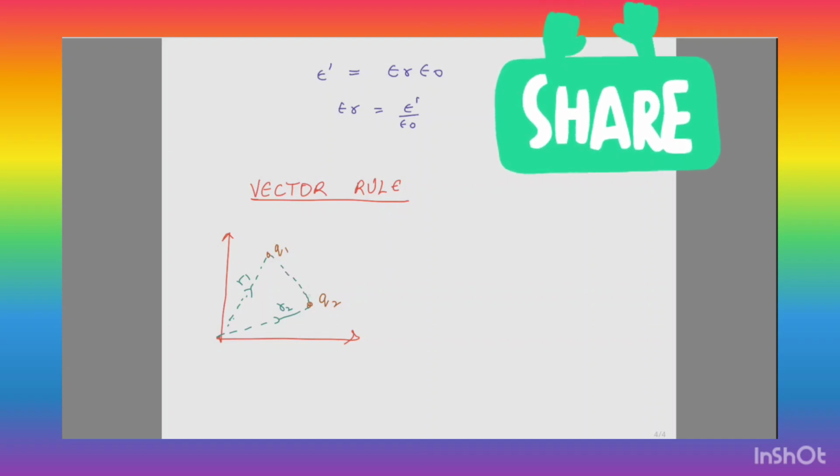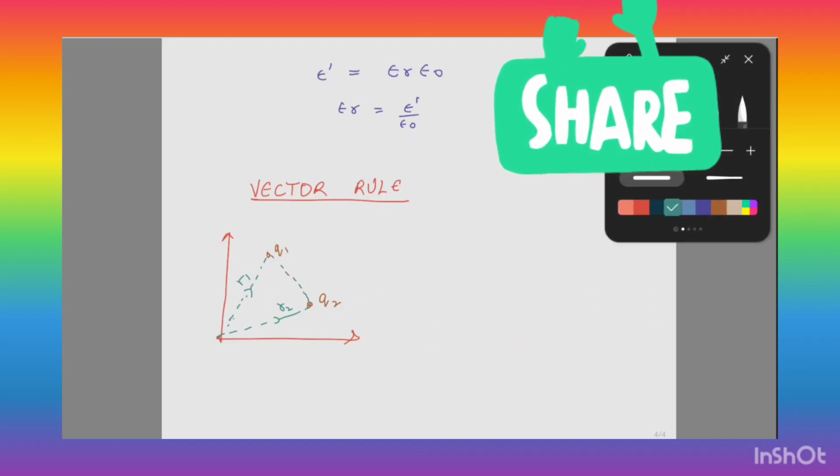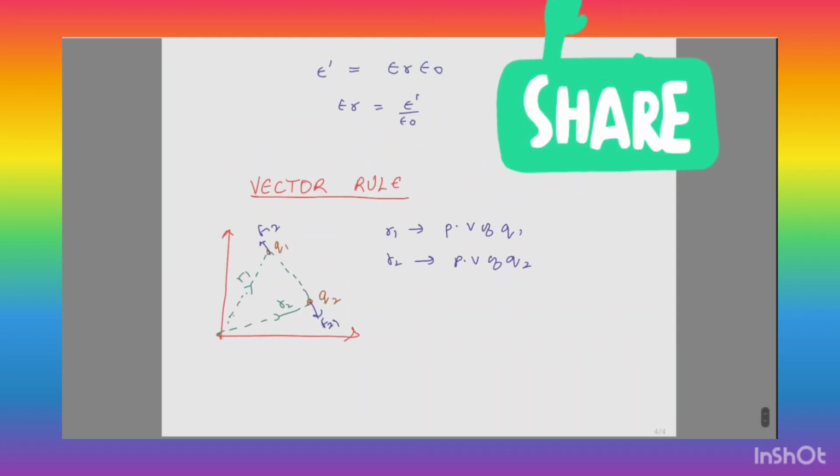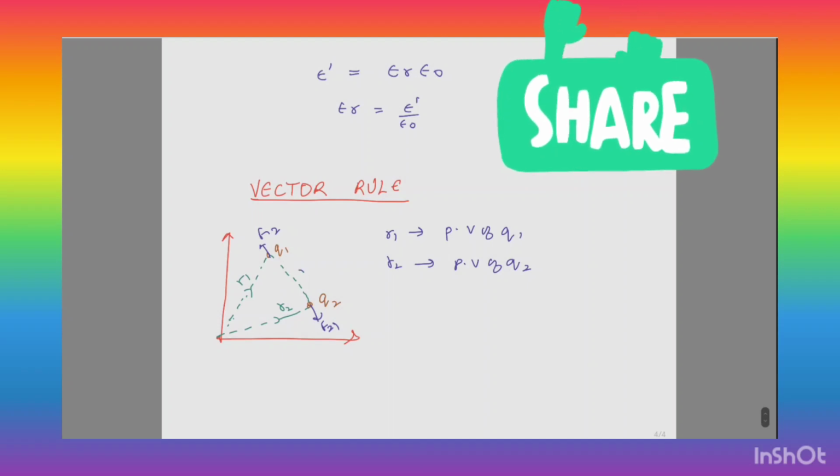Now the force between these two: force on 1 due to 2, and force on 2 due to 1. R1 is the position vector of Q1. R2 will be the position vector of Q2. Let the distance between Q1 and Q2 be R.